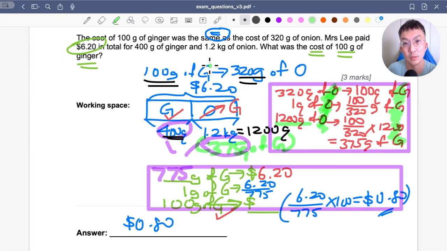And that is why you can see that here I write ginger is to onion, but here for easy solving, I swap it. So that here all the columns are for onion, here the whole column is for ginger, and same for here, all are ginger, and here is the cost.